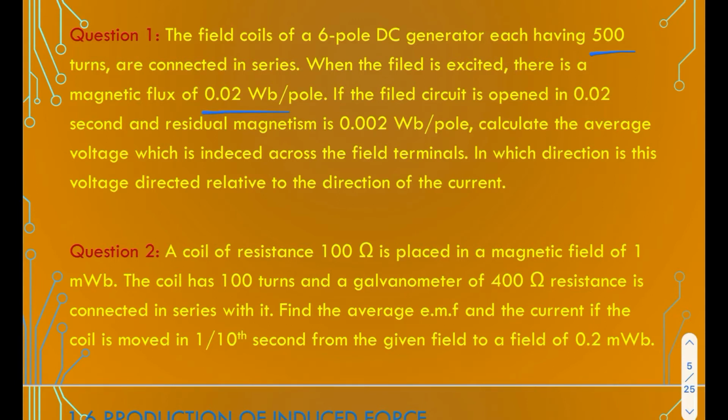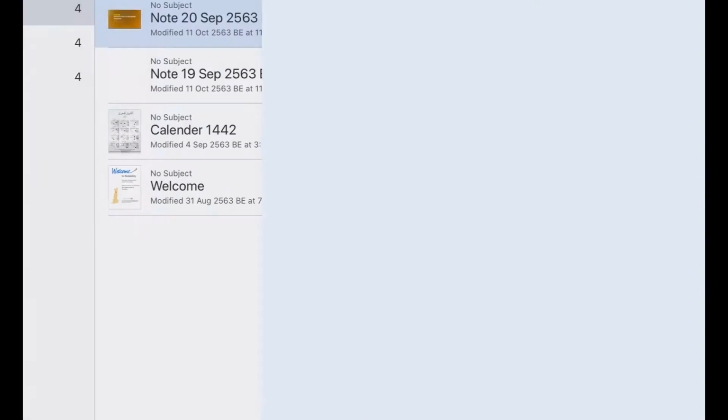If the field circuit is opened in 0.02 second and the residual magnetism is 0.002 Weber per pole, calculate the average voltage which is induced across the field terminals. In which direction is this voltage directed relative to the direction of the current? I will open a new page to solve this example now.